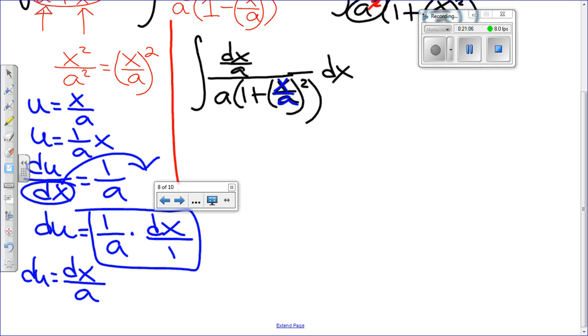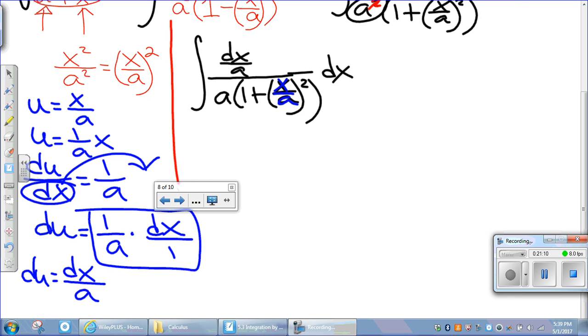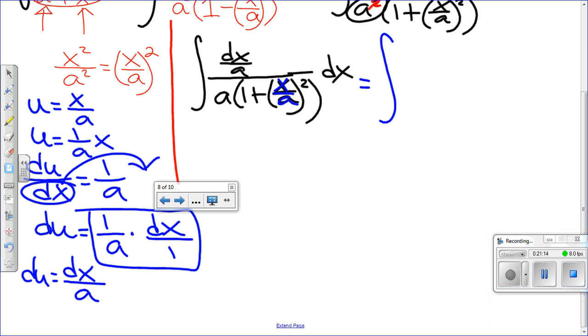Okay, so now let's go ahead and do our substitution. So we'll have the integral of, what we're going to do first is take this a right here. And so that a is going to be a constant that will be factored out, so 1 over a.